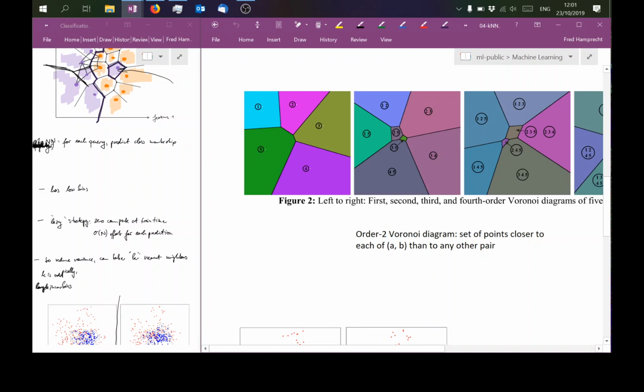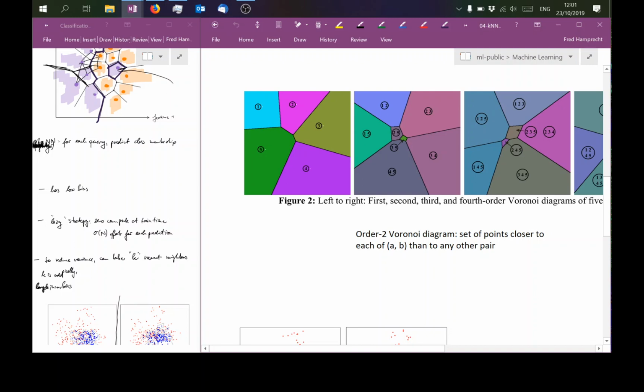And so we have for each tuple of points a region, and sometimes this region can be the empty set. And we can do now the same as we go to the right-hand side. This is a third order Voronoi diagram. So the 3 nearest neighbor classifier implicitly uses this higher order Voronoi diagram.